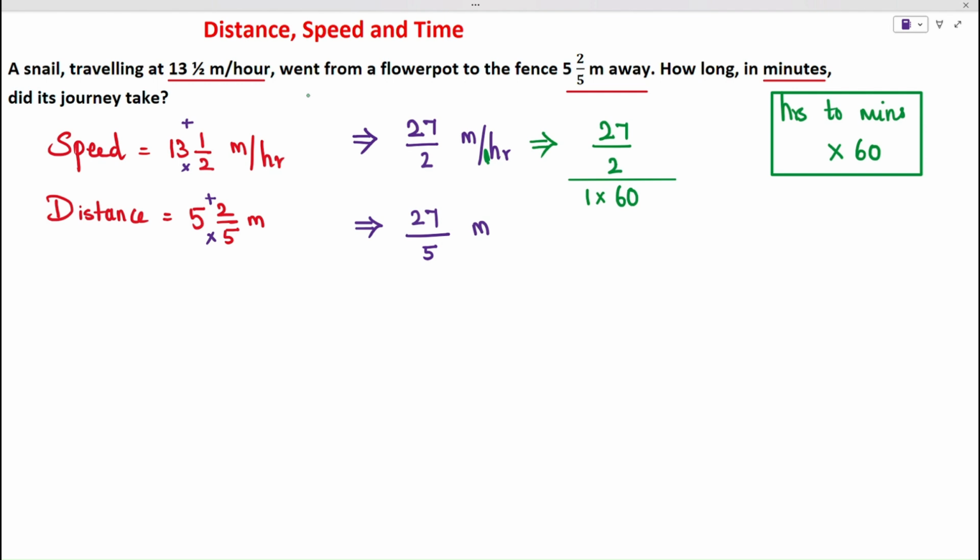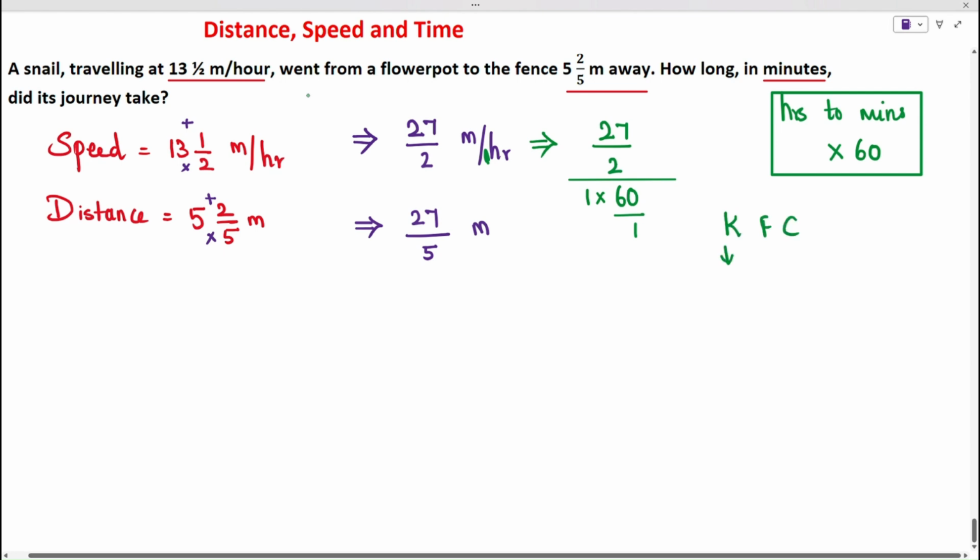Now we're going to do fraction division, and for that we're going to use a technique that people sometimes call KFC, which stands for keep, flip, and change.